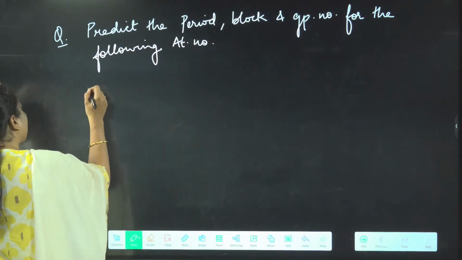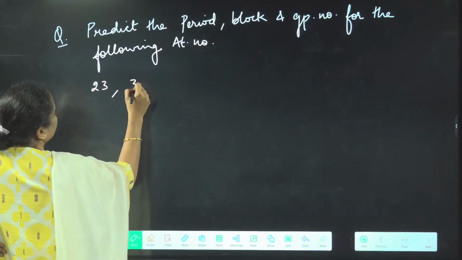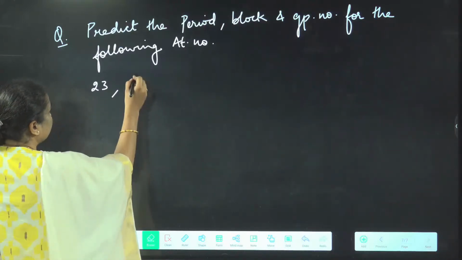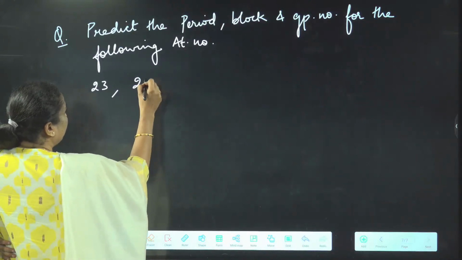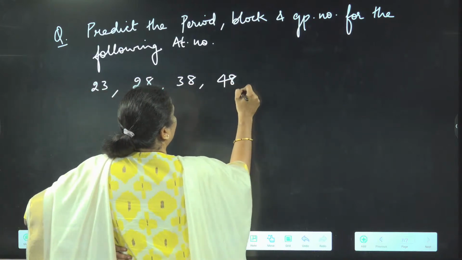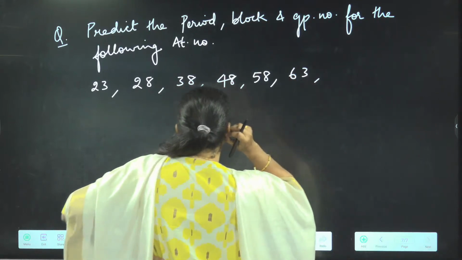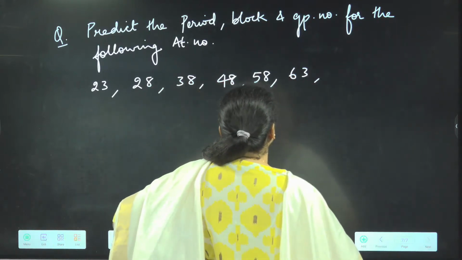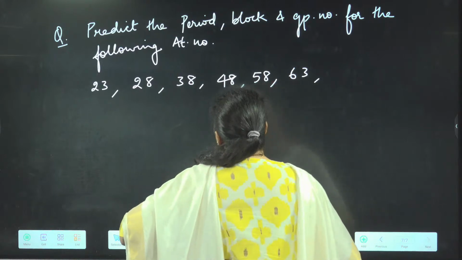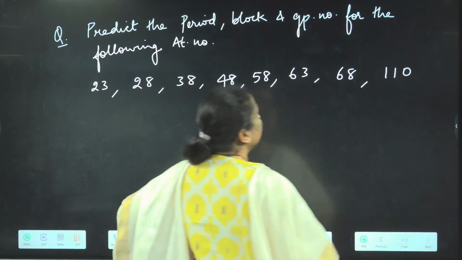So I am writing, suppose 23, 28, 38, 48, 58, 63, 68, 110.